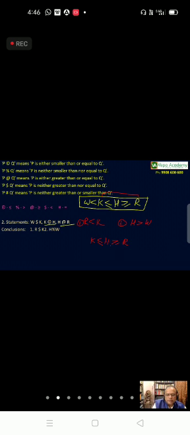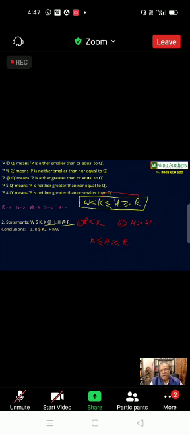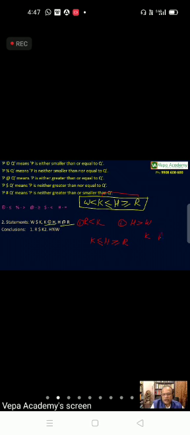Now, this is the highest possibility of difficulty that they can think of, because between K and H, how many meanings are possible? 2. Between H and R, how many meanings are possible? 2. So between K and R, you can have more than 2. How? Let us look at this.